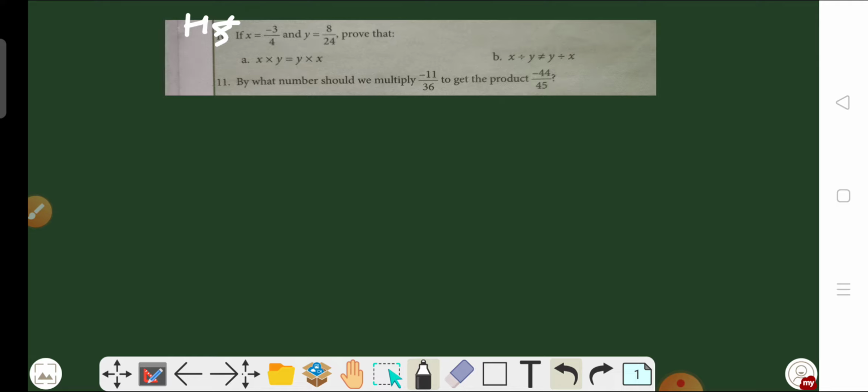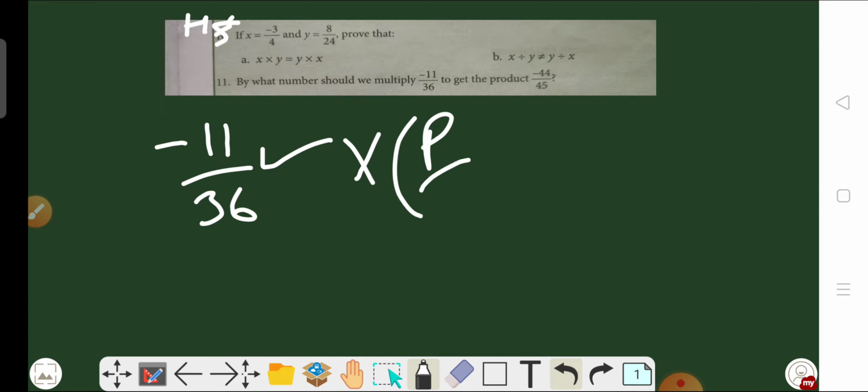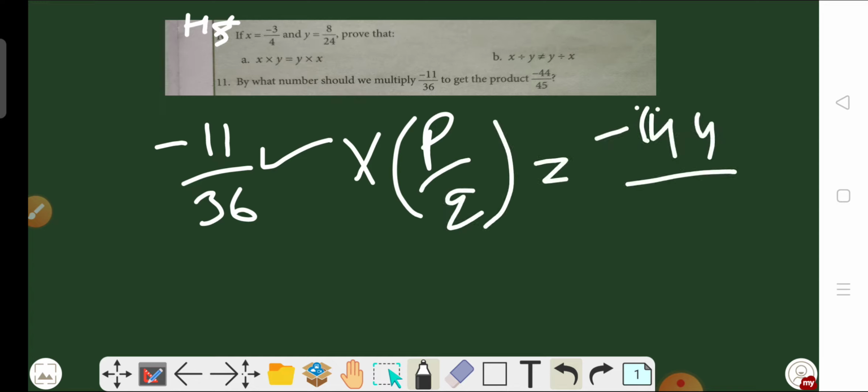What is the statement, beta? Here we have to find a number which when multiplied by minus 11 by 36, the result will be equal to minus 44 by 45.